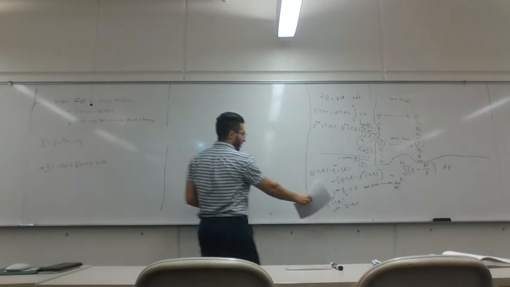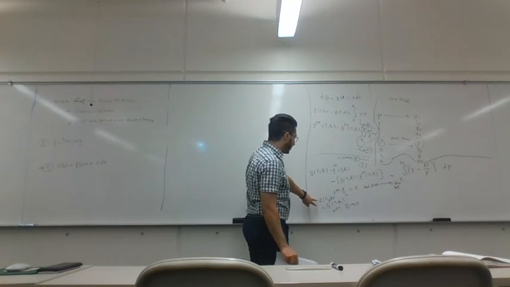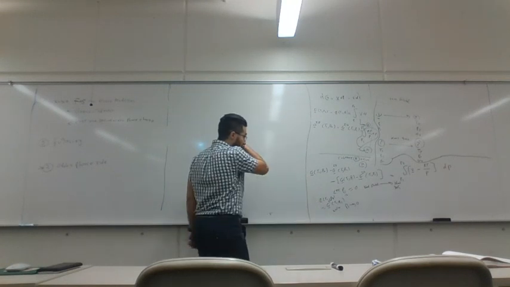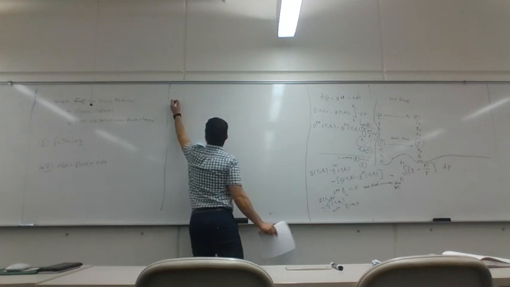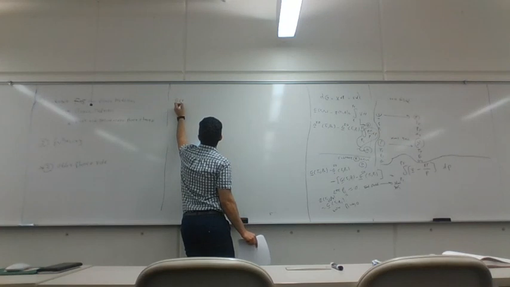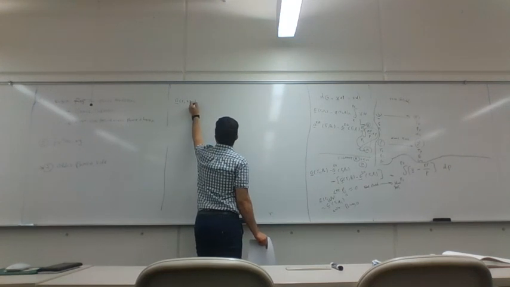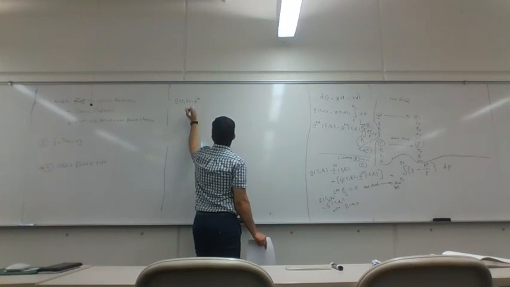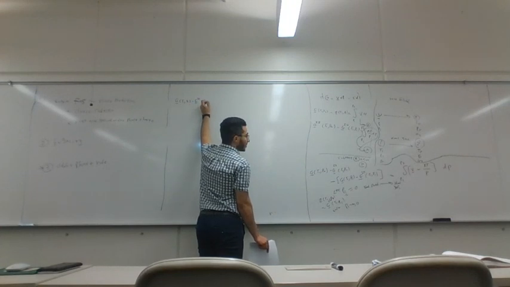Let me rewrite this one. Why do I need this? G for ideal gas is equal to G for the real fluid at P equals 0. So I have G for the real fluid at T1, P2 minus G for ideal gas at T1, P2.